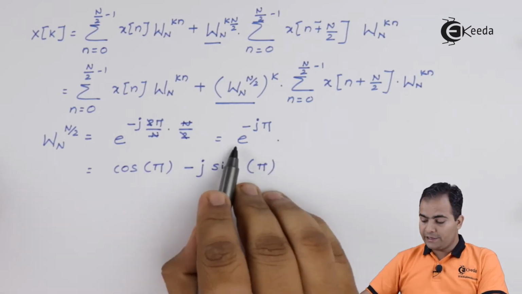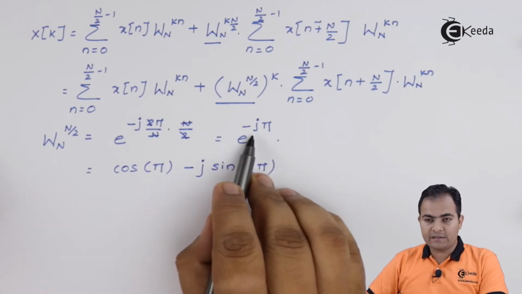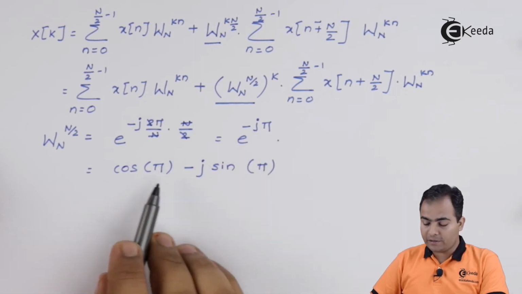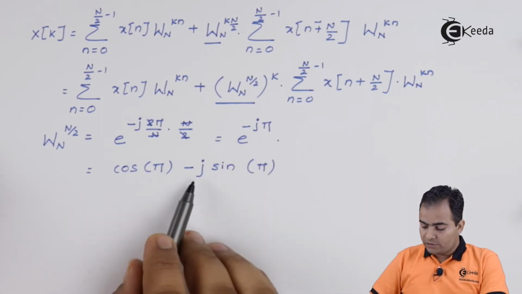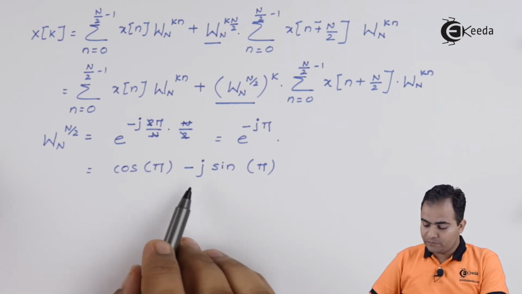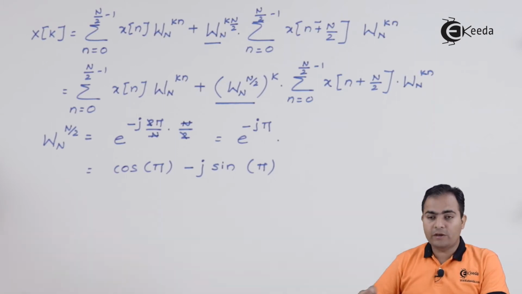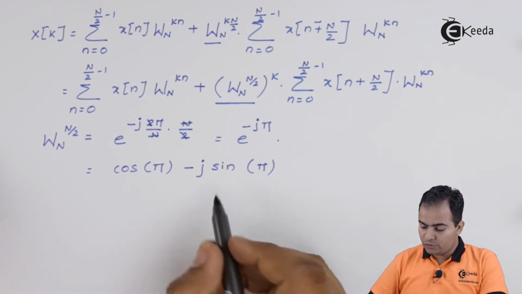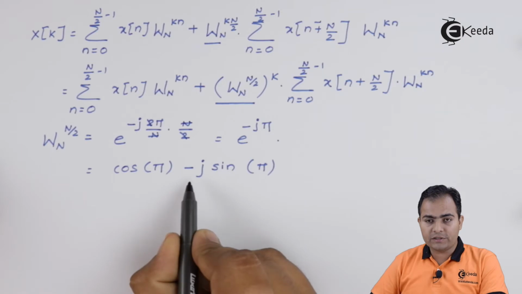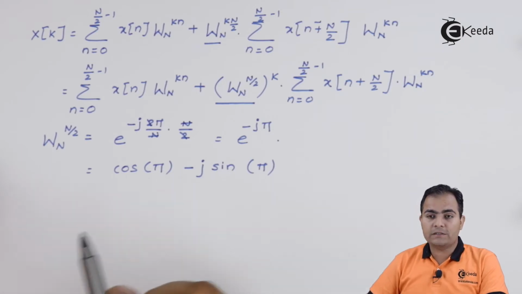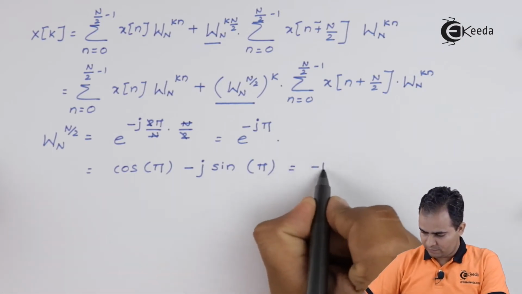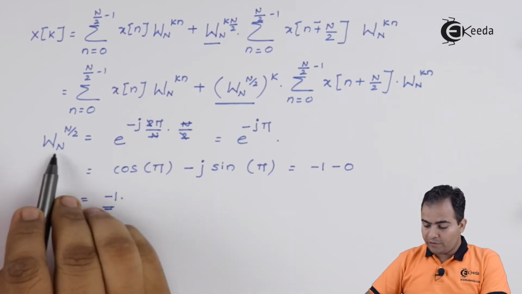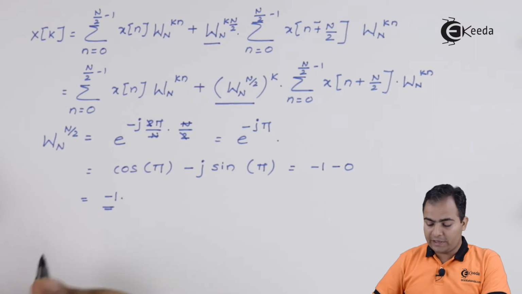Theta is my pi. The formula is cos theta minus j sin theta. Here I have used a j value instead of writing i. Now sin pi is always 0, so no need to write any values for this, but cos pi value is always minus 1. So finally my omega n to the power n by 2 value is minus 1.